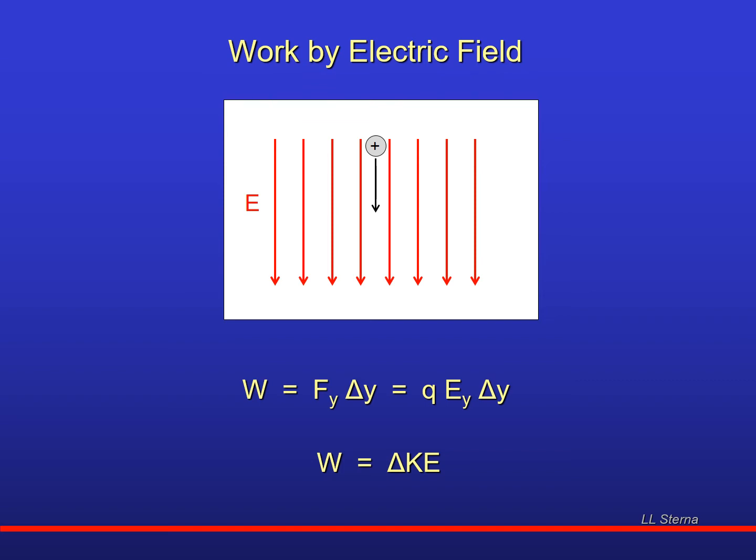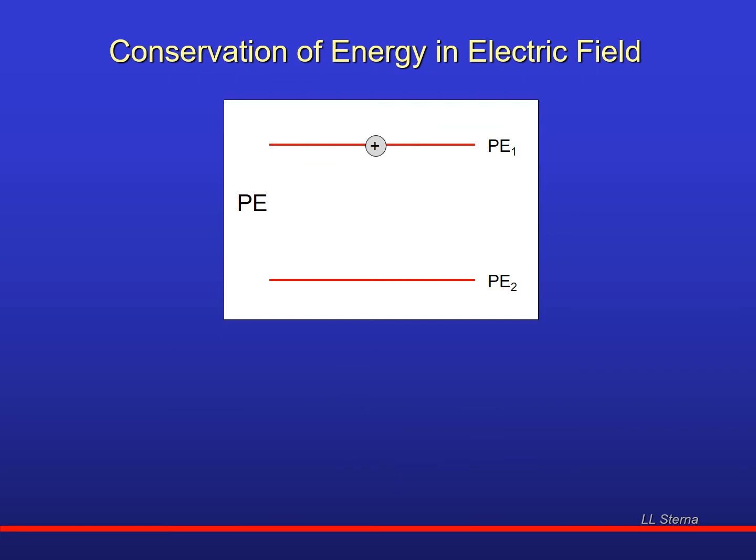Force, field, displacement are vectors. What's the scalar picture? We're going to go back to what you should have had in Physics 1, conservation of energy. The electric field conserves energy. So here's our charge, and we have two levels, PE1 and PE2, two different values of potential energy.